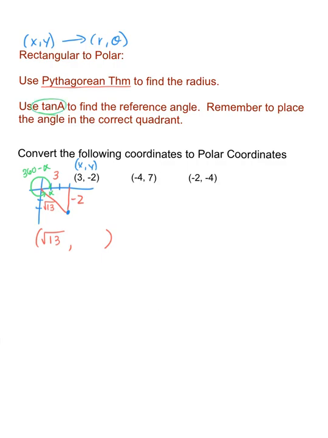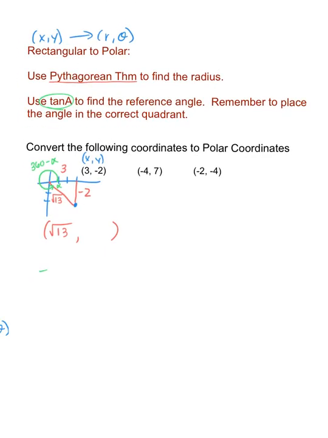Granted, now that I have all 3 sides, I could use sine or cosine, but tangent might be a little bit easier because you're always given smaller values. Sorry, I don't know why that was moving around. Okay, so I have tangent of theta equal to negative 2 over 3. So I'd plug this in my calculator as tan inverse of negative 2 over 3. And that should give me theta.